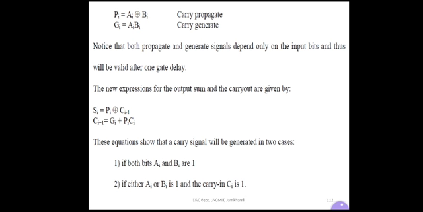Then there is one more possibility: if either A or B is 1 and the carry input is 1. If either the A input or B input is already 1 and the other one is 0 or 1, and along with that the carry input is 1, then also the output carry is going to be 1.